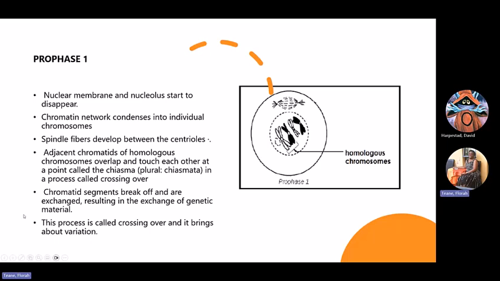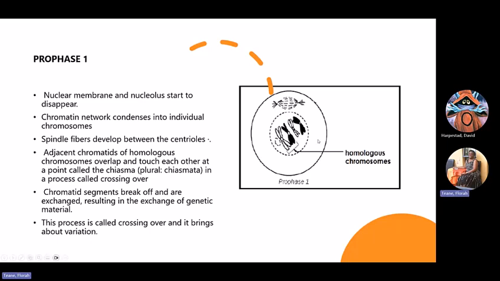Let's look at the diagram on your right. This is the diagram of a male animal cell, and this is the nucleus. So during the prophase, the nuclear membrane, this dotted line, starts disappearing.